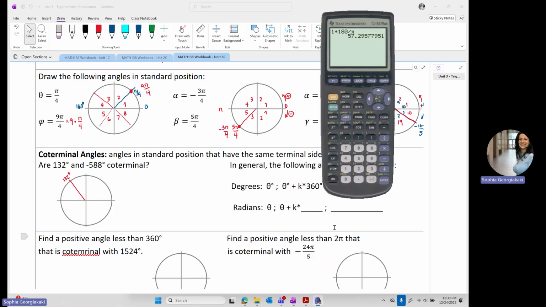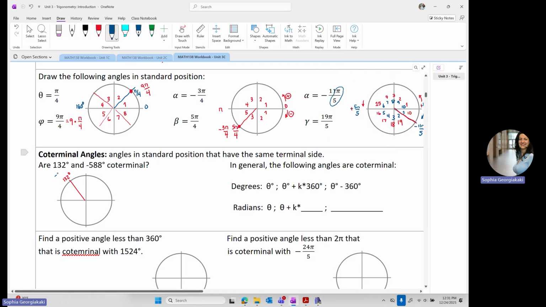So the way to do that is to take negative 588, wherever it is, and just add 360. And I get negative 228. And I'm going to add another 360, which is another circle. And I will end up at 132. So actually, I know that negative 588 is also in the same location. So the answer is yes. So how did I find that?